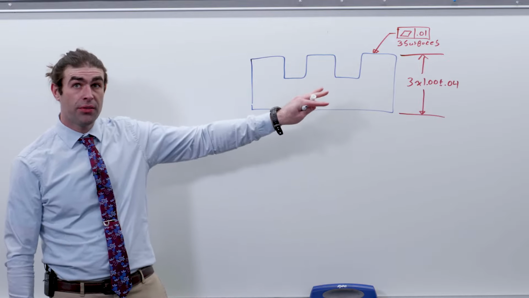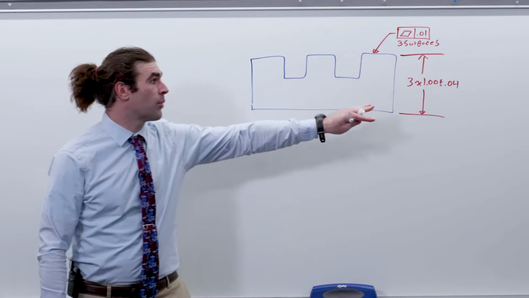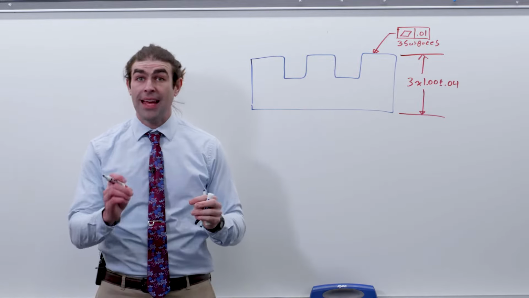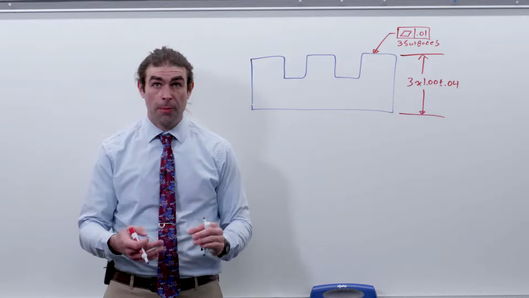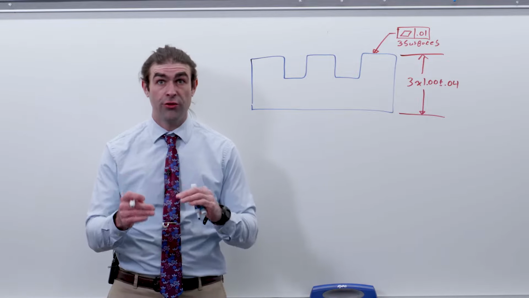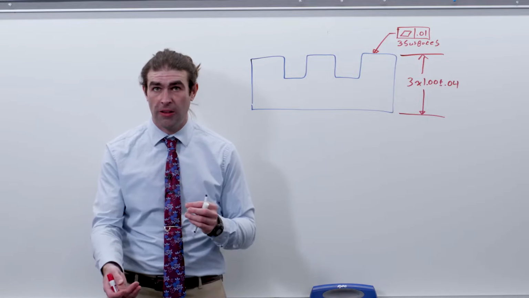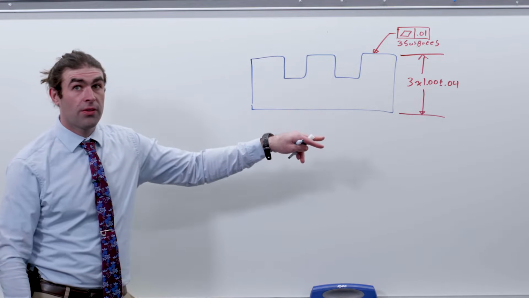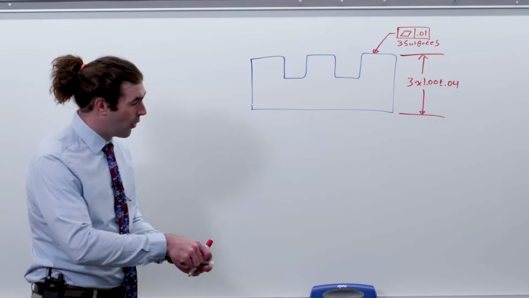We've got a flatness applied to 3 surfaces, and we've got this dimension that applies in 1, 2, 3 places. That does not control coplanarity, because flatness is an individual requirement. So is parallelism. What you could get with this part are 3 very flat surfaces that have nothing to do with each other.